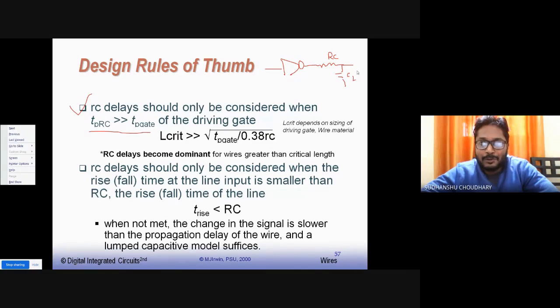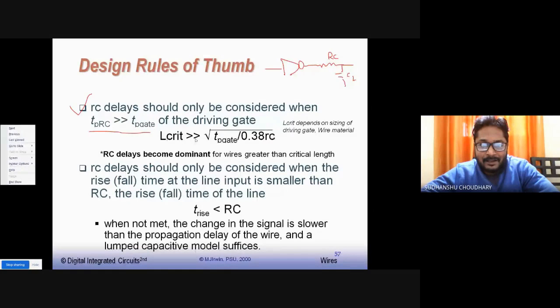Now this also defines a critical length, that is, the length at which resistance should be brought in. Otherwise, a capacitance-only model can be considered for calculating the delay. But what would be the critical length when resistance cannot be ignored?